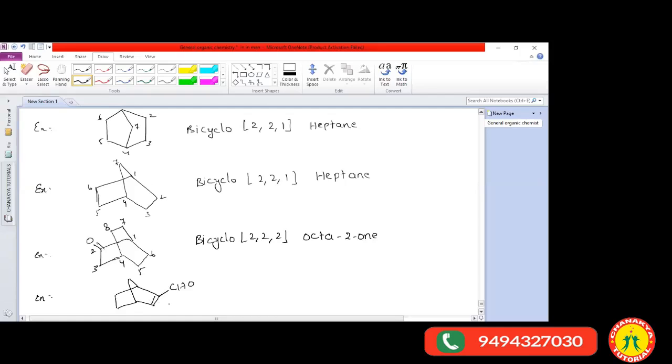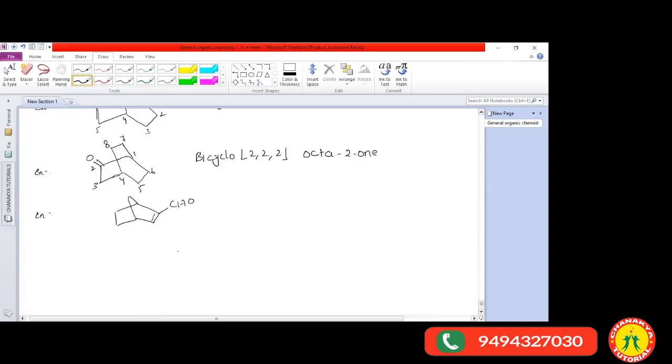Now, any guess about this answer? What is the IUPAC name of the given compound? Aditi, as per you. Now, if you see in this one, two different groups are there. Aldehyde is there. Yeah, Aditi, you got the answer.